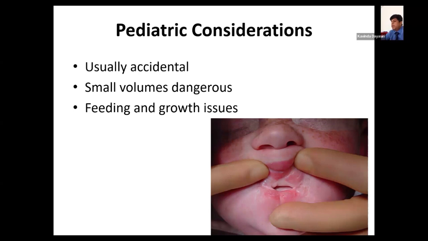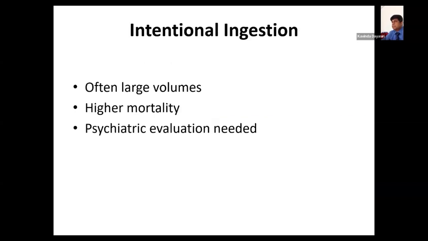For example, you see in this image the oral cavity fractured following contact with a caustic agent. That can not only compromise the appearance, but also feeding, and they are growing, so that can affect their nutrition and growth. So there can be an additional burden than when it occurs in an adult.